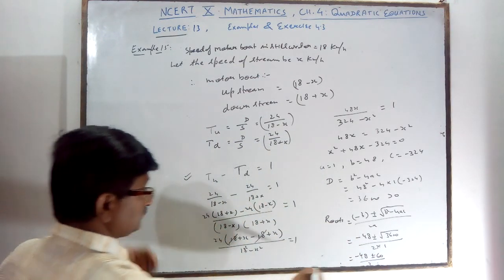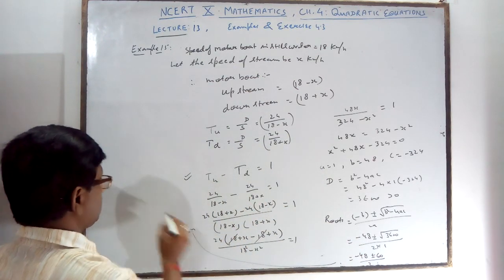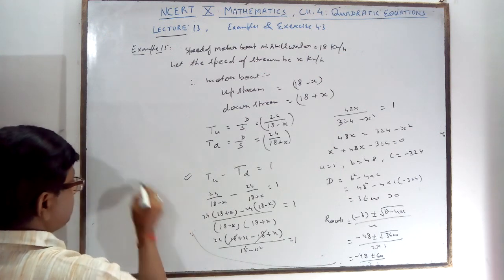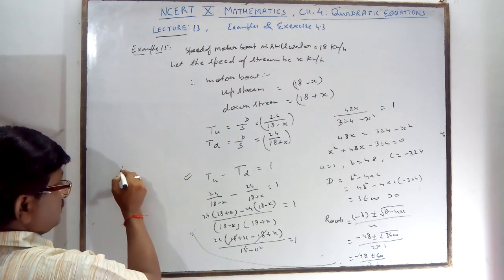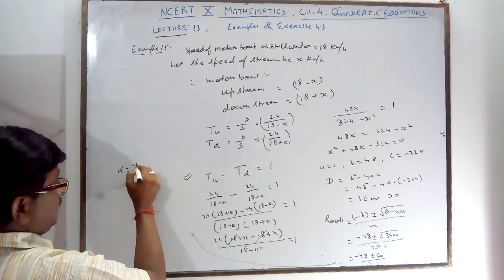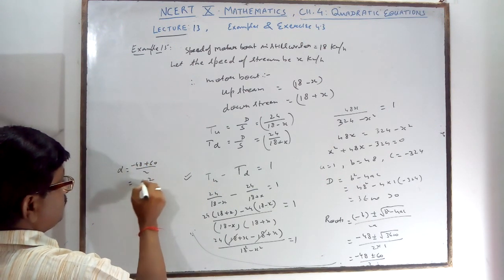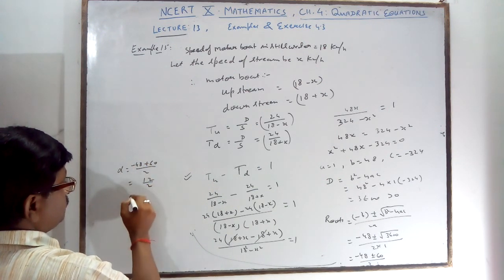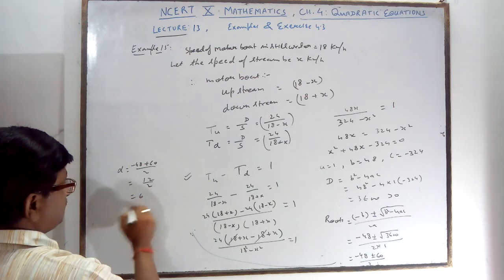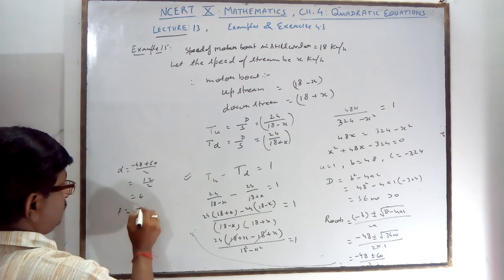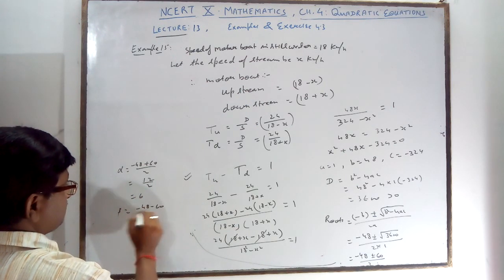Solve this. Root alpha is equal to minus 48 plus 60 by 2, 12 by 2, that is 6, and beta is equal to minus 48 minus 60 by 2.